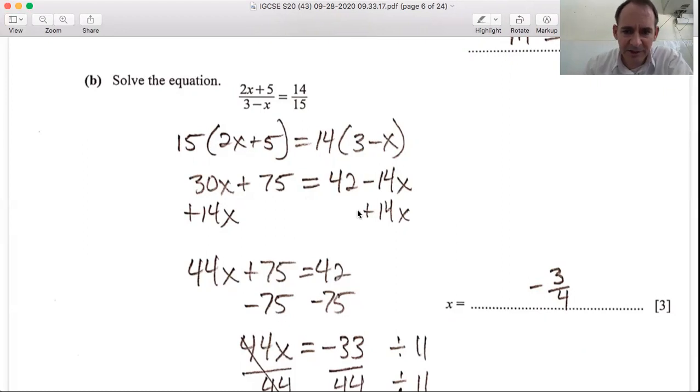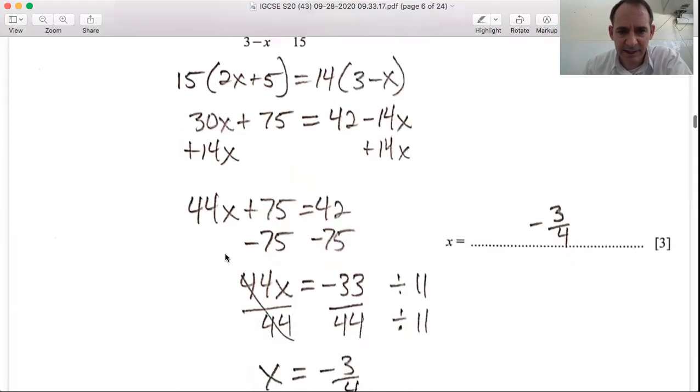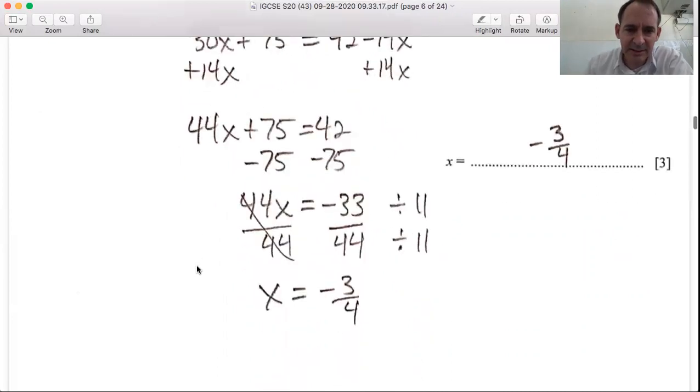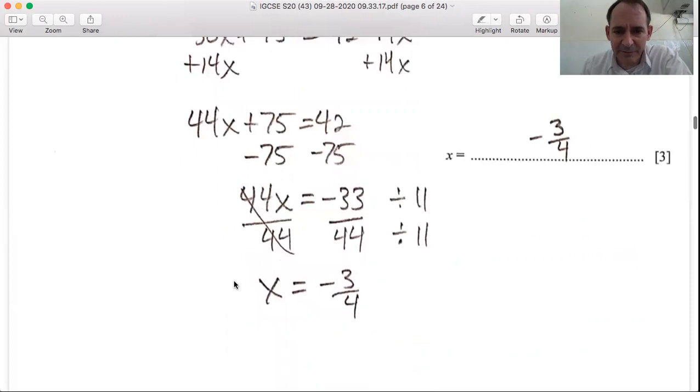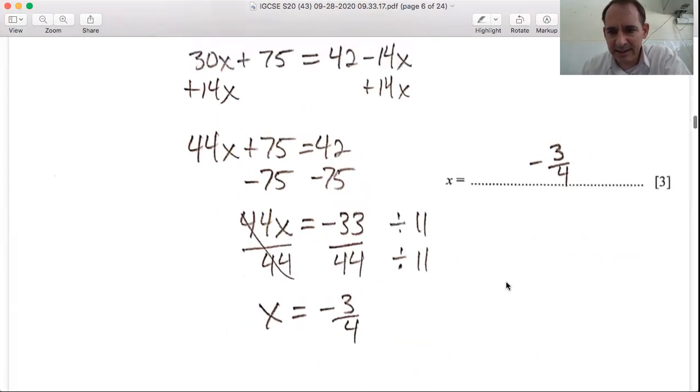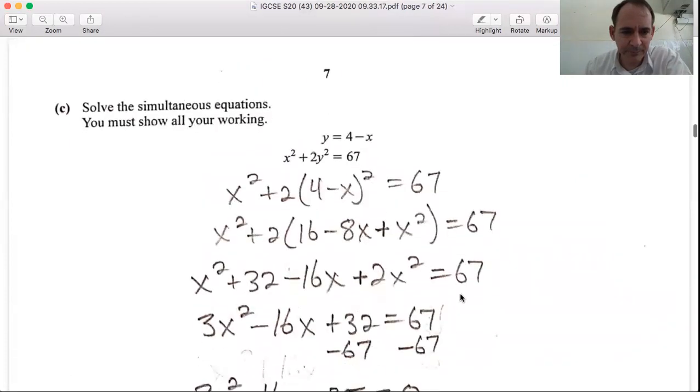Get your variables together, so add 14x to both sides, you get 44x plus 75 equals 42. Subtract the 75 from both sides, and then divide by the 44. And your fraction reduces. You can divide top and bottom by 11. So your x equals negative 3/4.